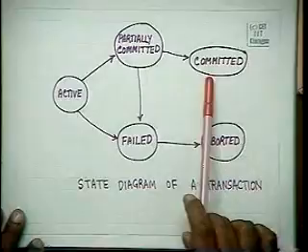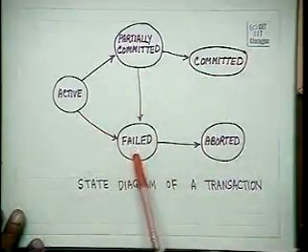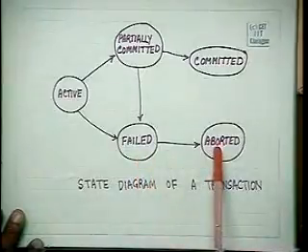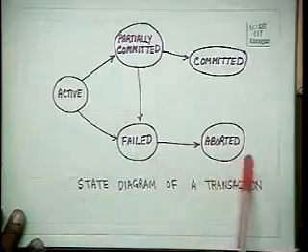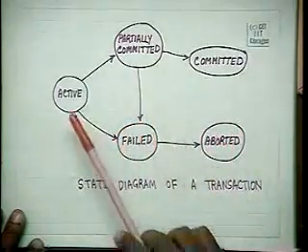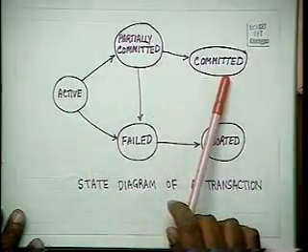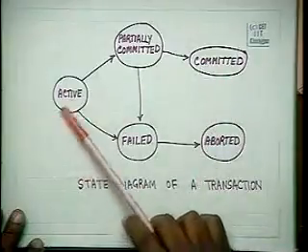In between, in case of a failure, the transaction is said to be failed, aborted and restarted, and there are some operations which are to be done to undo some of the effects of this transaction, and for those transactions which reached the committed state, also in case of a recovery, we have to take care of what we are going to do for them.